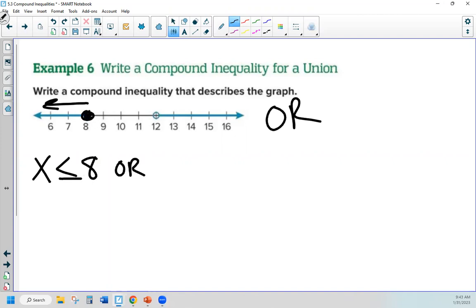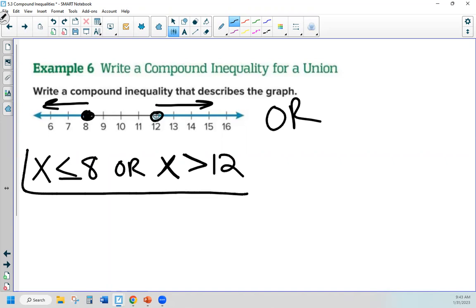Or the numbers that I'm looking for can be, you can see that there's the number 12. So the numbers that I'm looking for, and we're looking at the numbers to the right, so more than. So once again, the numbers that I'm looking for are more than 12. Open circle, we keep the inequality looking like this, and we're done.